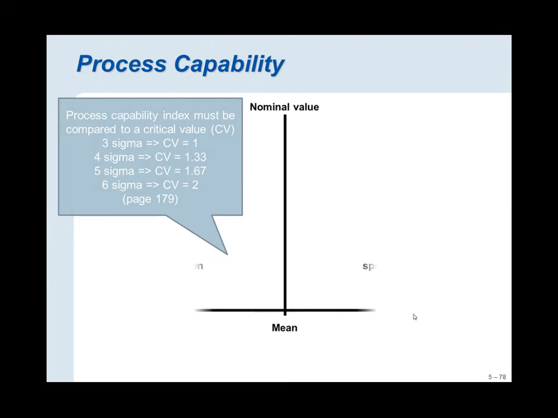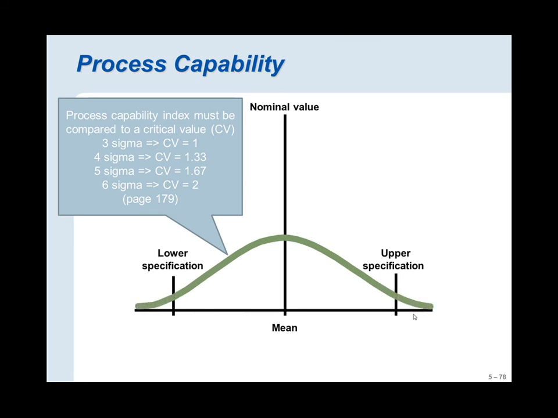When you compare with the 3 Sigma standard, the critical value or CV you are going to compare is 1. 4 Sigma standard is 1.33, 5 Sigma standard is 1.67, and 6 Sigma standard is 2. Where this number comes from is the number that compares 3 sigma and the standard. Okay?